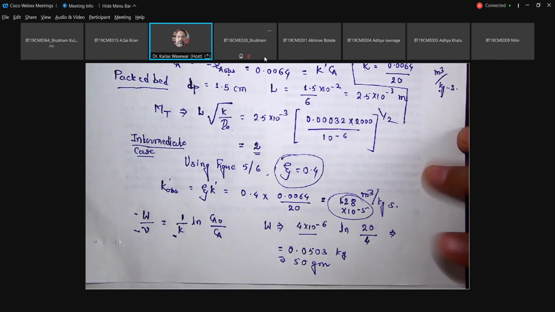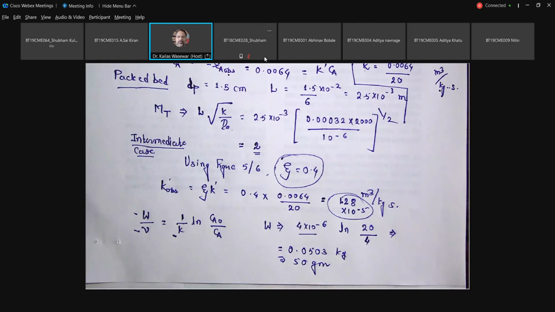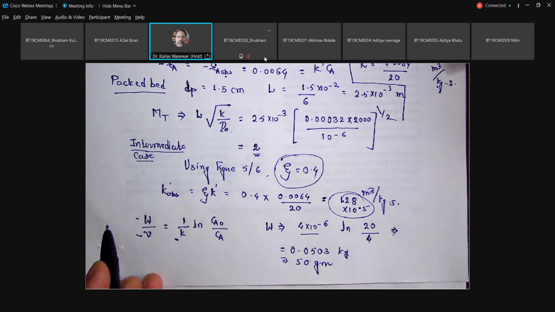Okay. So similarly, you can repeat it for the fluidized bed. Same calculations.